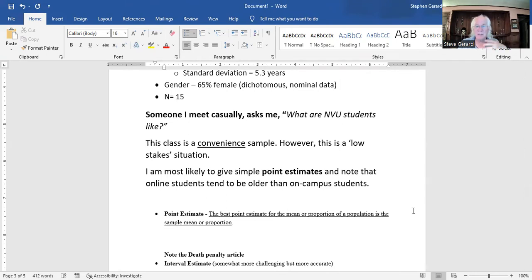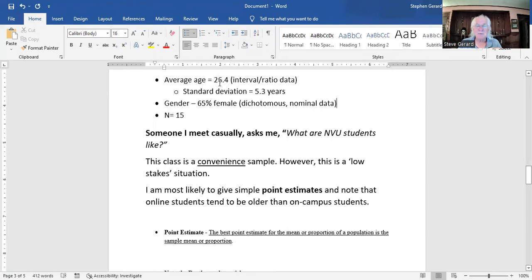I do a sample, and you want a quick and dirty estimate. You take just what the sample says. Sample says 26.4, I would say, yep, the average age is about 26.4, and about 2 out of 3 are female. Quick and dirty. Low stakes stuff. It doesn't really matter a whole lot. If I'm wrong, what's going to happen?